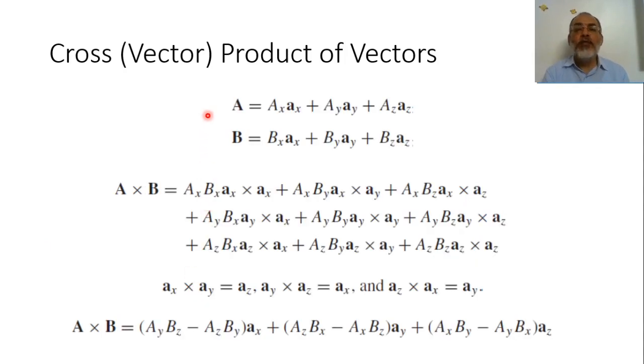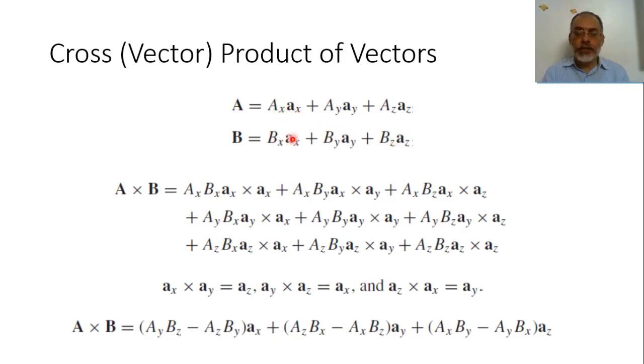So, if I have two vectors, A and B, both represented in Cartesian coordinates, such that the vector A has AX in the X component, AY in the Y component, AZ in the Z component, and similarly the vector B, and I want to find the cross product A cross B. I'm going to make the cross product starting from AX to BX, AX to BY, AX to BZ.